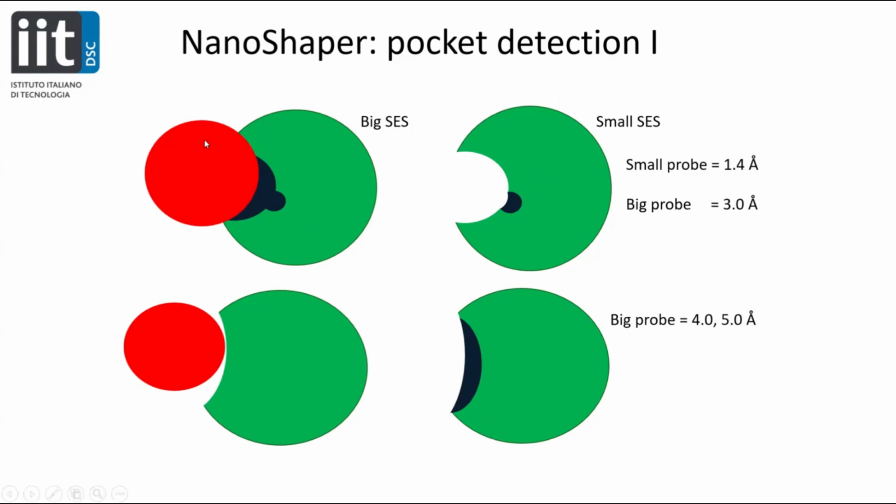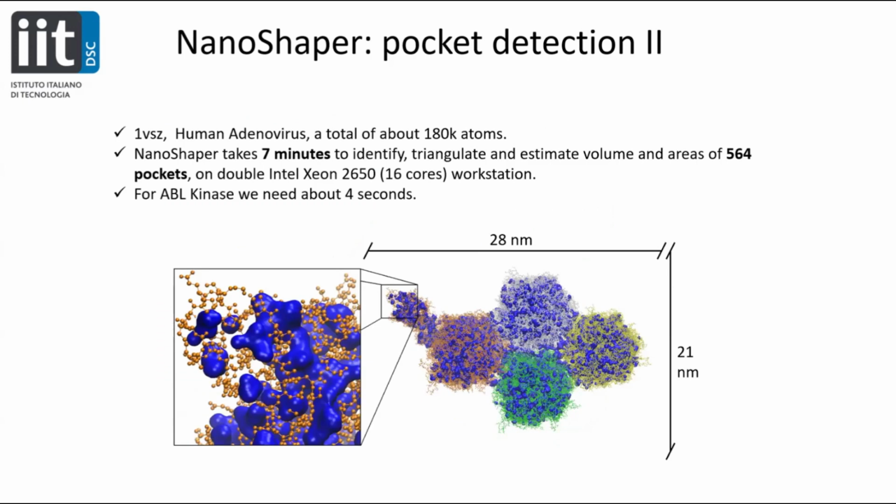And playing around with the size of the big probe, by modulating it, what you can do is to detect shallow pockets, if you use a very big probe, or classical traditional buried pockets by using a regular probe of 3 angstrom. Just to give you some numbers, it's relatively fast software, because you can take, on quite an old processor now, I think, and get in 7 minutes all 500 pockets on a virus surface.